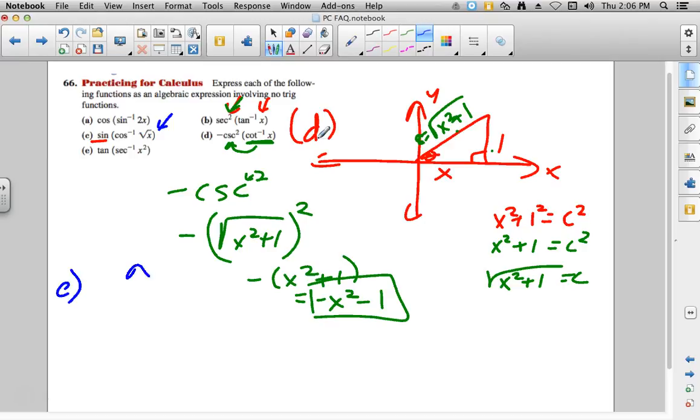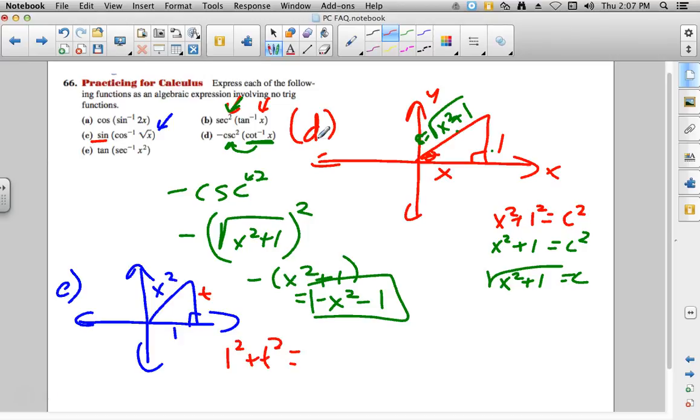E says we need an angle such that the secant is x squared. Well, that's going to be hypotenuse over adjacent, so that'll be x squared over 1. And I will continue to use a little t over here. So 1 squared plus t squared equals x squared squared.